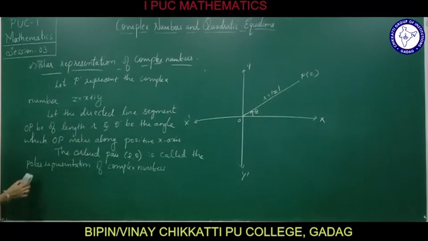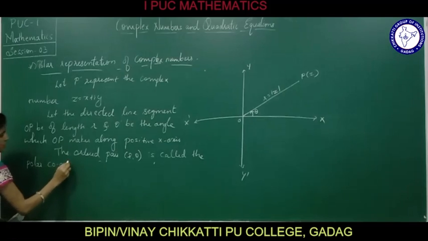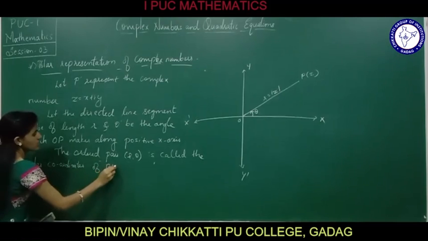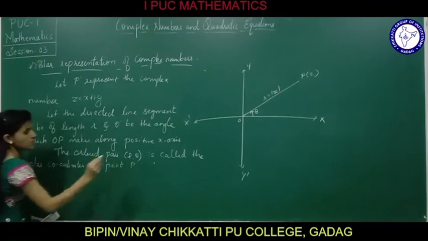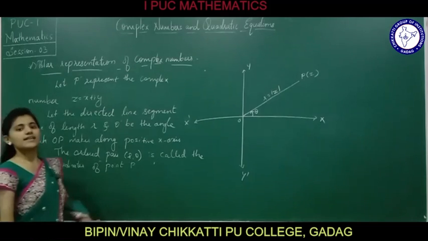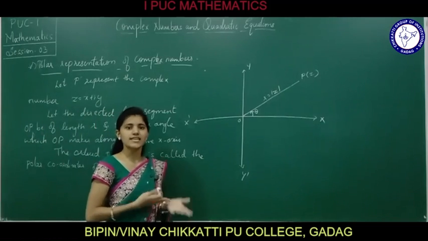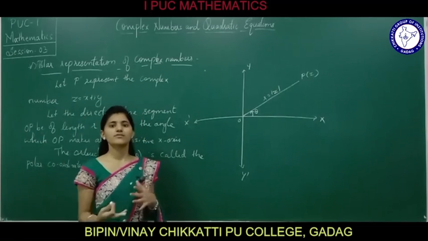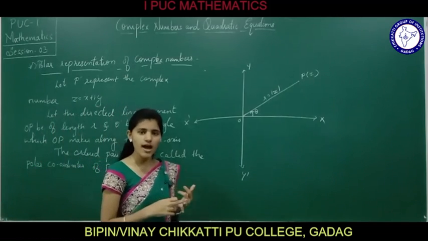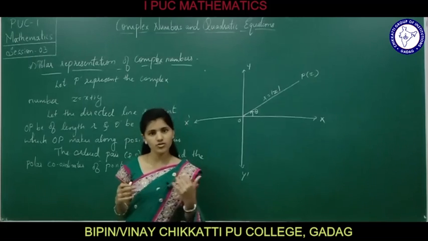Better we say polar coordinates of the point P. Then we are saying that x will be equal to r cos theta and y will be equal to r sin theta. How are we going to write it?